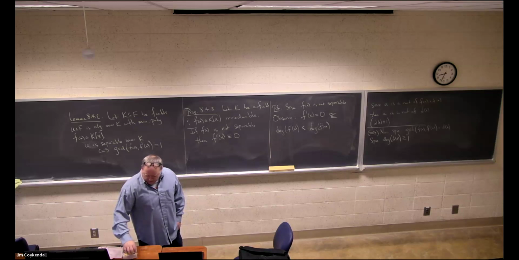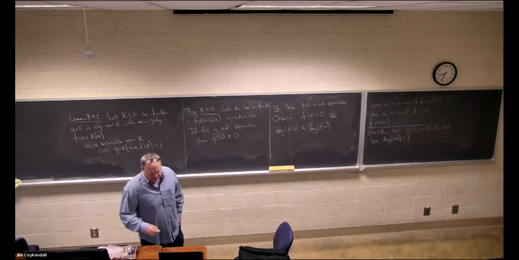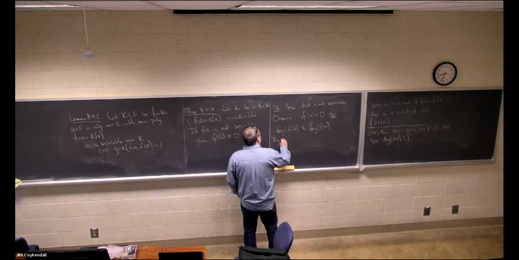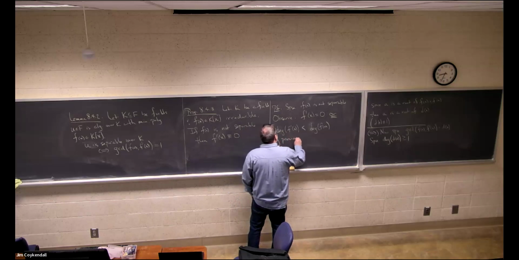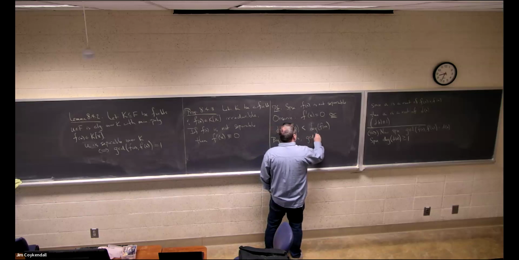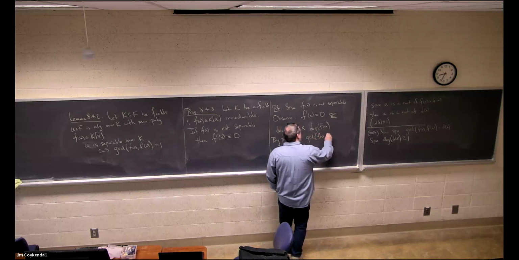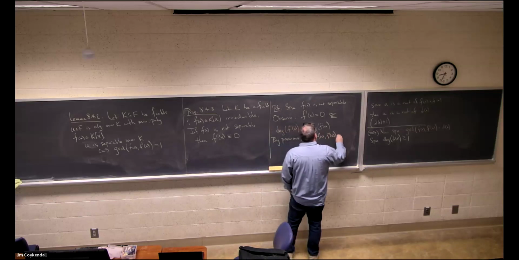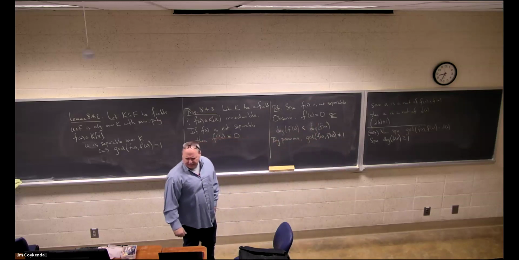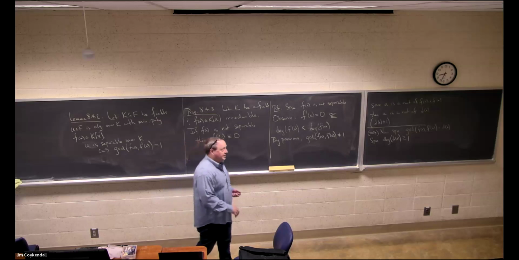So, as promised, we're going to bootstrap the previous lemma. By the previous lemma, the greatest common divisor of f of x and f prime of x is not one, right? Because it's not separable. Agree?